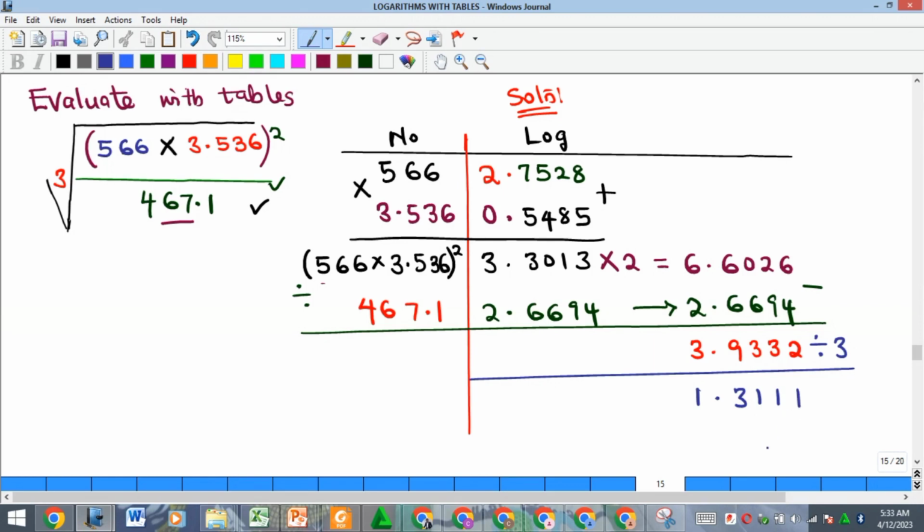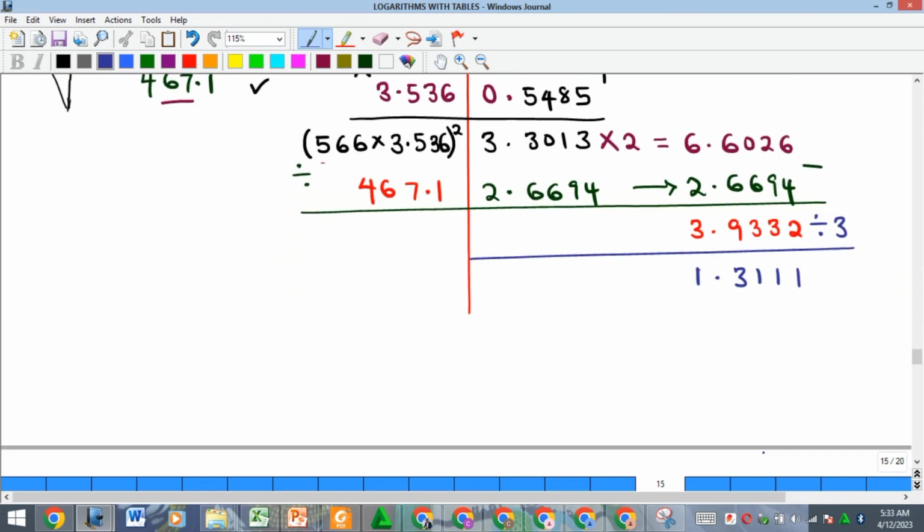And so the implication is that we will now want to get the antilog of this number. So if we bring that here, we are now looking for the antilog of 0.3111. Then we use the 1 to get the position of our decimal point.